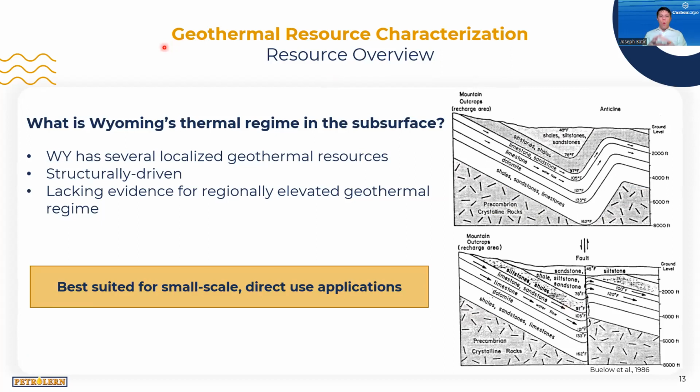So, what does that mean as we look at Wyoming? When we look at Wyoming, the thermal regime that's showing up is a consistent continental thermal regime, and the tectonic history of Wyoming has created several localized low temperature geothermal resources. These are structurally driven, meaning as you had the Laramide orogeny and the Sevier orogeny, as you create these anticlines and synclines, eventually you get deep seated faults.